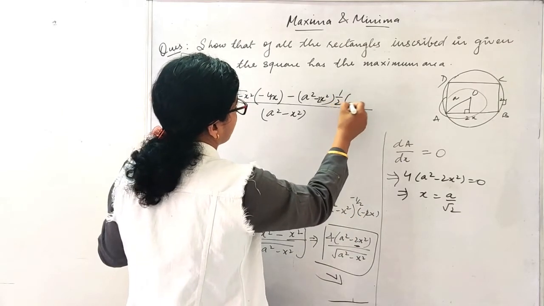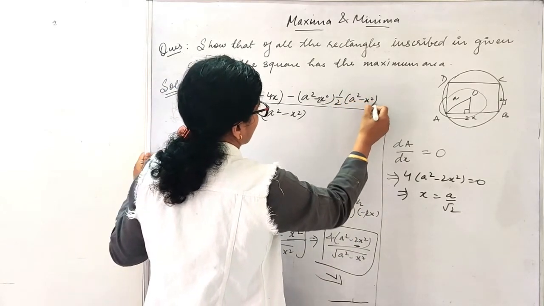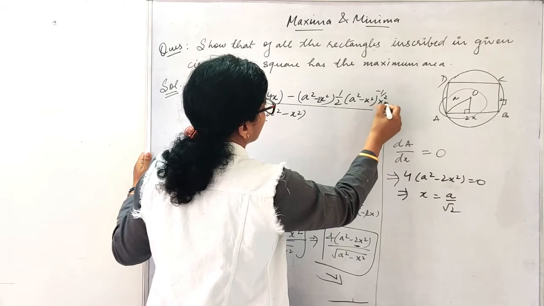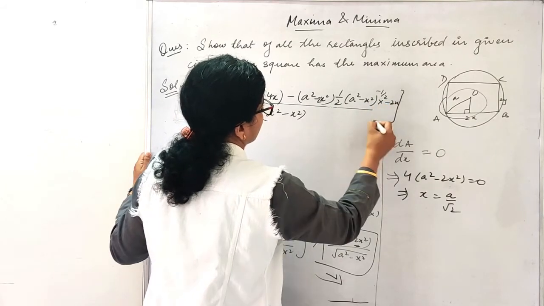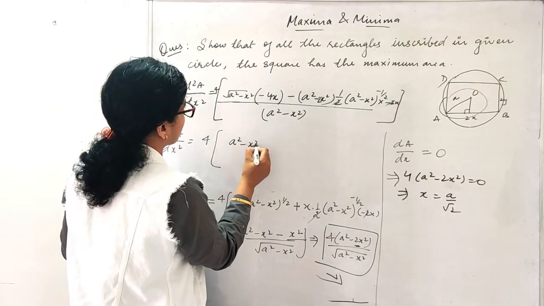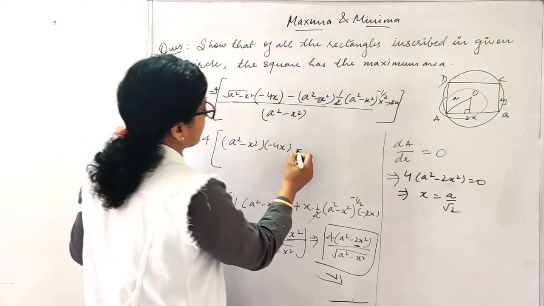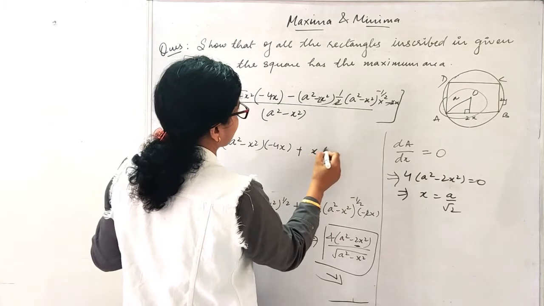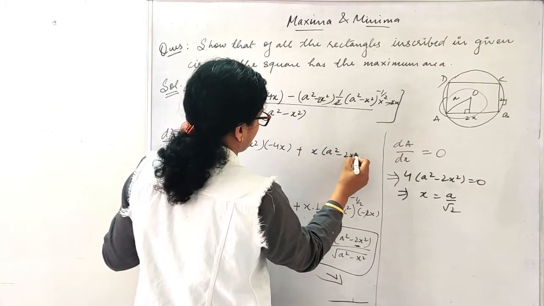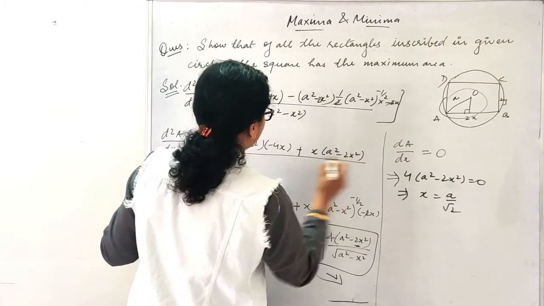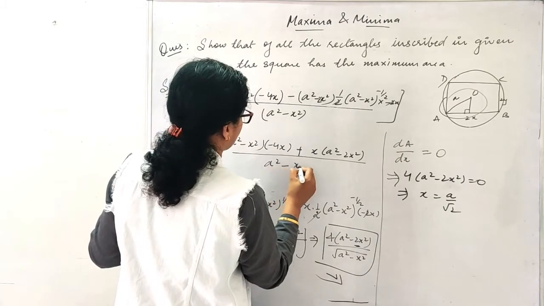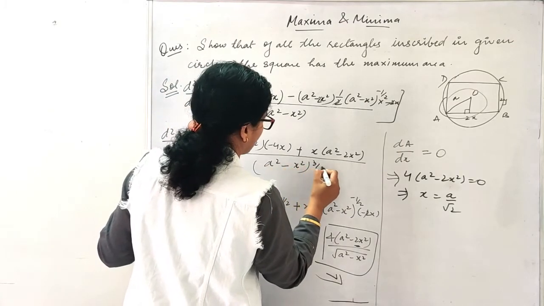So half (a square minus x square) to the power minus half into minus 2x. Then (a square minus x square) minus 4x times minus, plus x (a square minus 2x square), upon (a square minus x square) to the power 3 by 2.